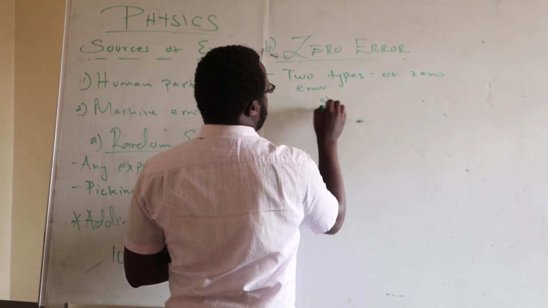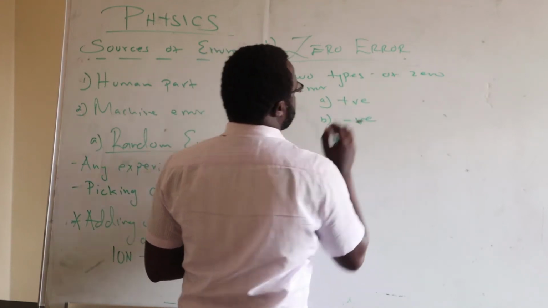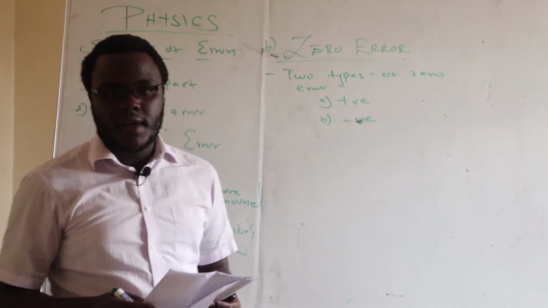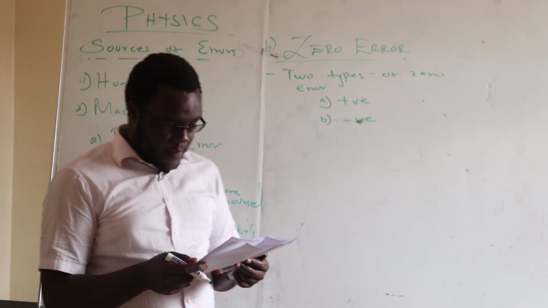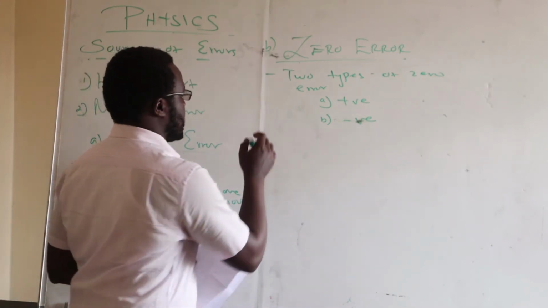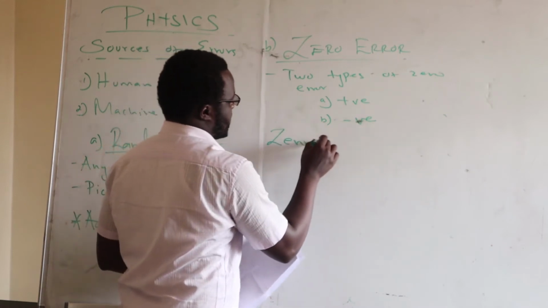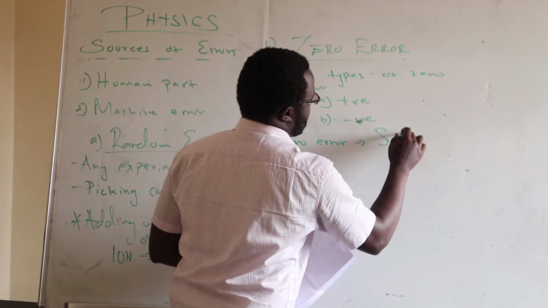We have the positive and the negative zero error. And what happens is that zero errors result in systematic errors.